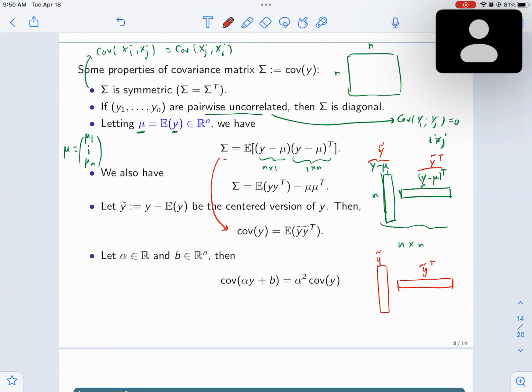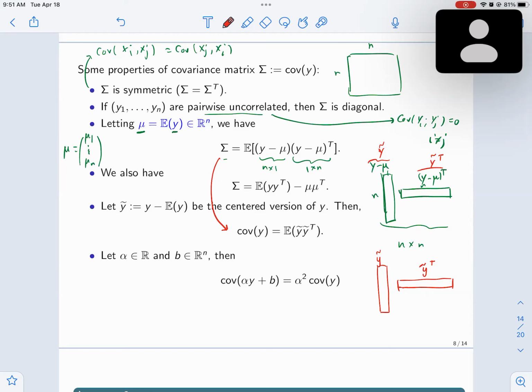You take the ith row of this, multiply by the other. So if you want to just think about it, the first entry multiplied by the first entry would be the 1 1 entry of the other. The first entry times the second one would be the 1 2 entry.